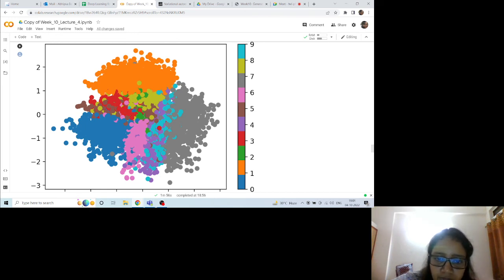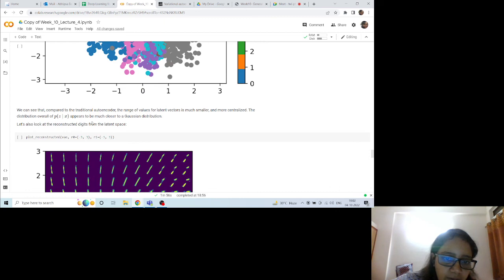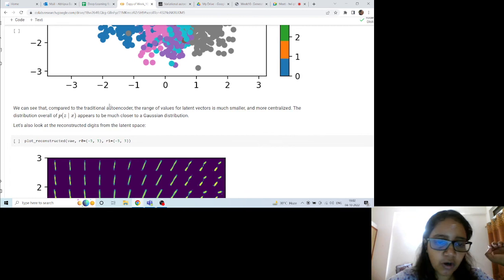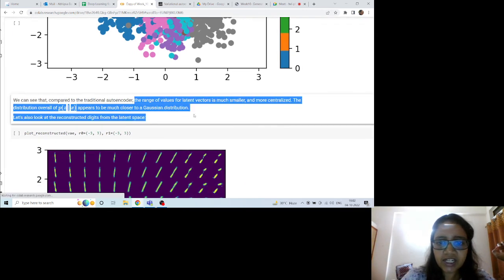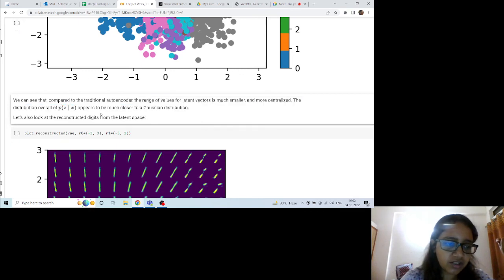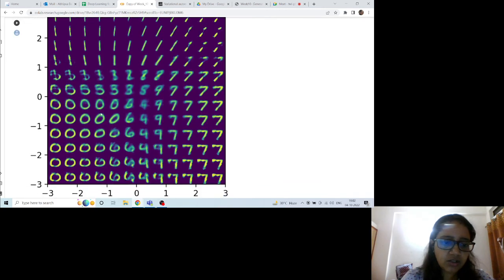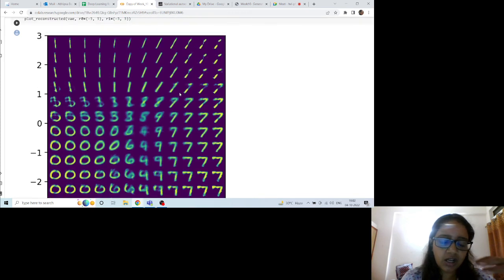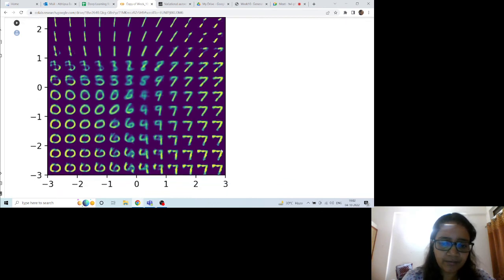Here they have also explained the difference. Compared to the traditional autoencoder, the range of values for latent vectors is much smaller and more centralized. The overall distribution of P of z given x appears much closer to a Gaussian distribution. Now you can clearly see that the generated images are quite a bit clearer than in the previous case.